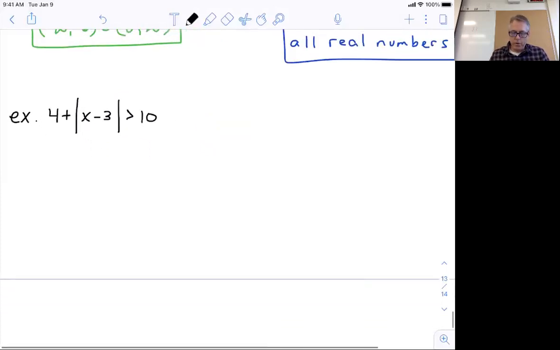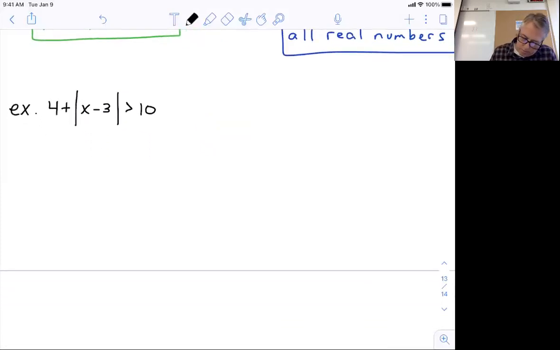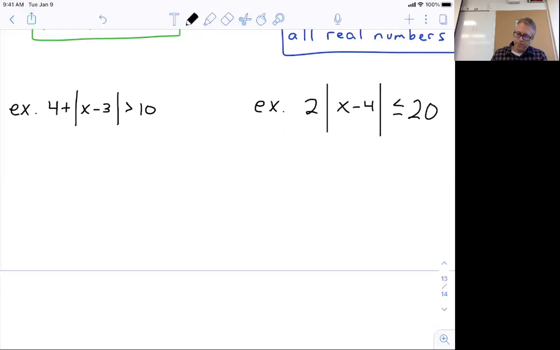That will be our first problem. Our second problem will be 2 times the absolute value of x minus 4 is less than or equal to 20.